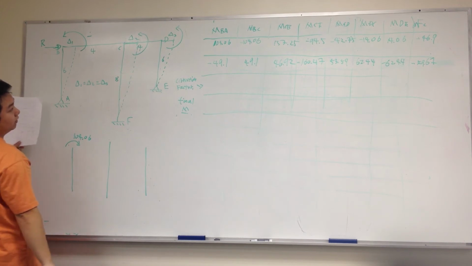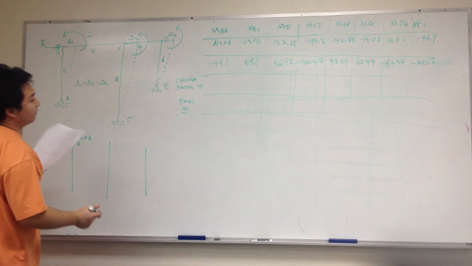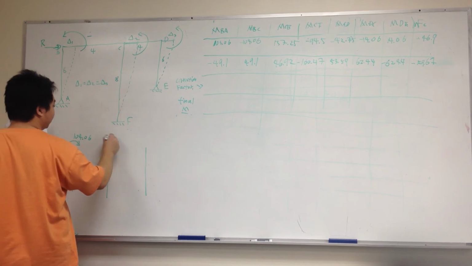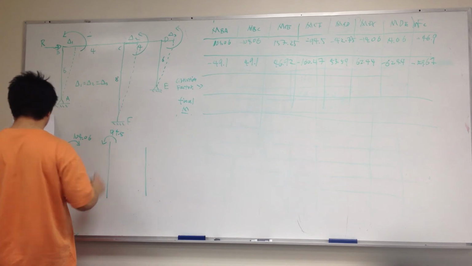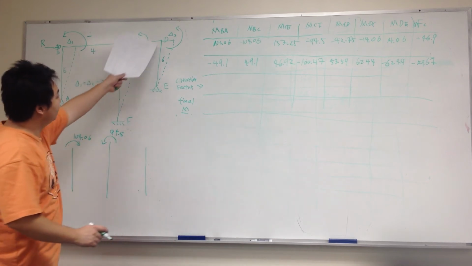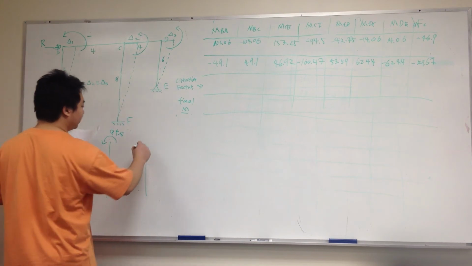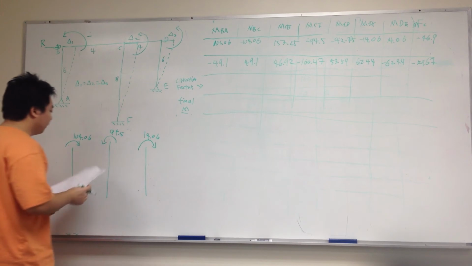And for BC, no, not BC, CF. CF is negative, so it's counterclockwise. Turning this way. 4.5. And for DE, 14.06 clockwise.